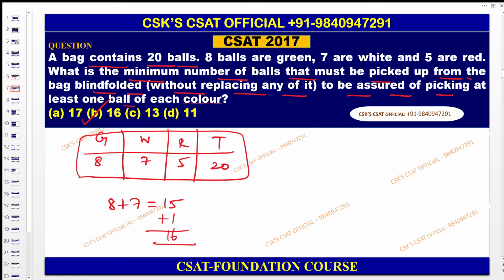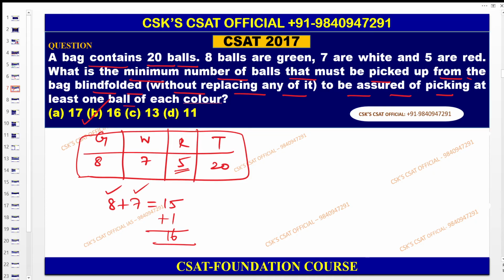Getting? If you are taking 8 balls and all of them are green, fine, 8 here. If you are taking another 7 balls and all of them are white, that is also fine. Next, out of these 5 you are going to pick 1.